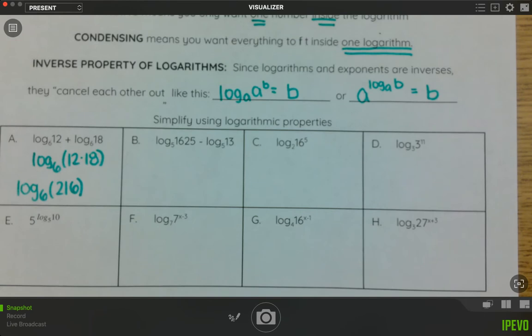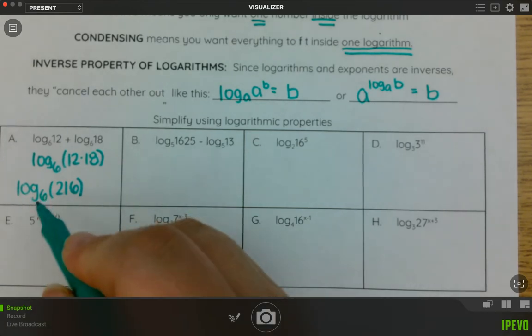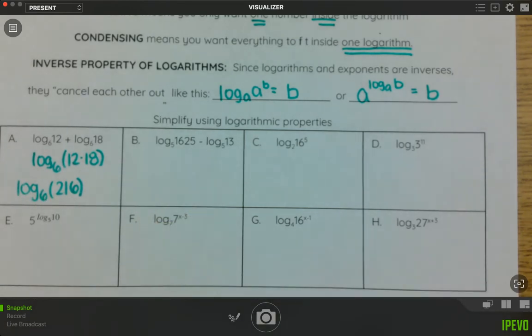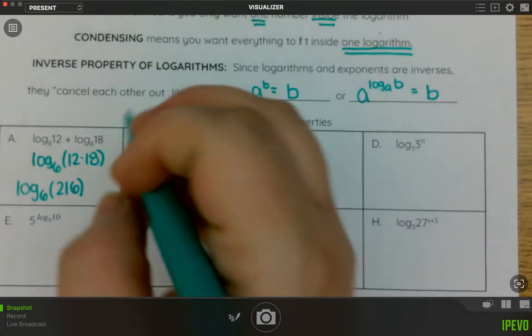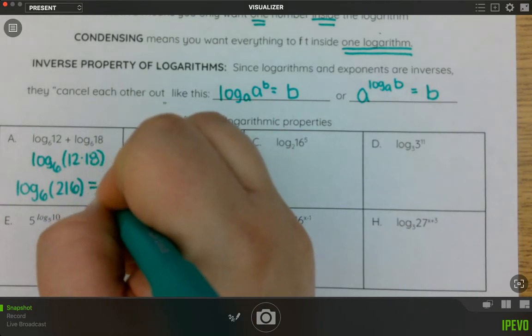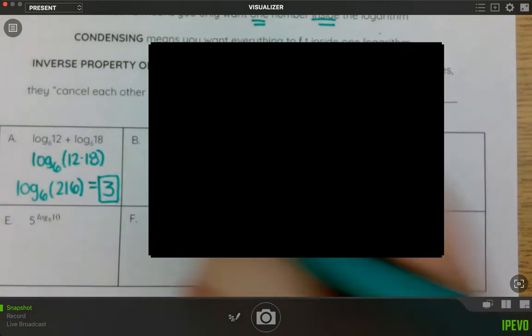And guess what? 6 to a power does equal 216. Before I write that out, I'm going to remind you, all this is saying is log base 6 of 216. I know it looks super funky and new, but it's basically just saying that your answer to this problem is the power of 6 that gives you 216, which happens to be 3.